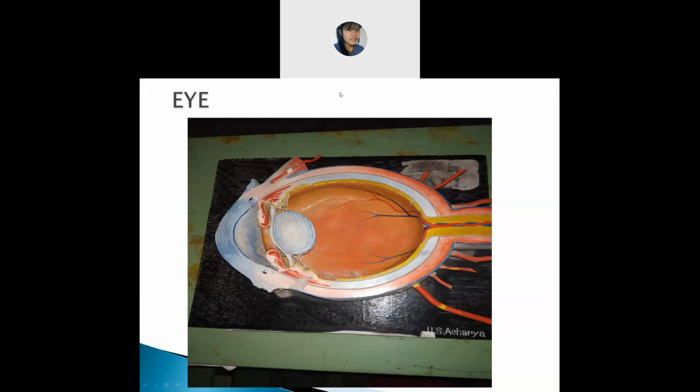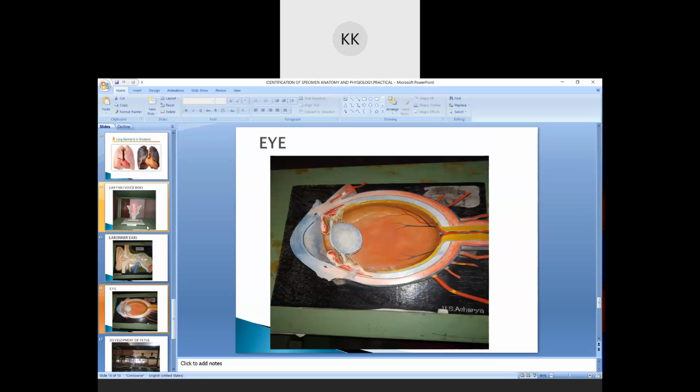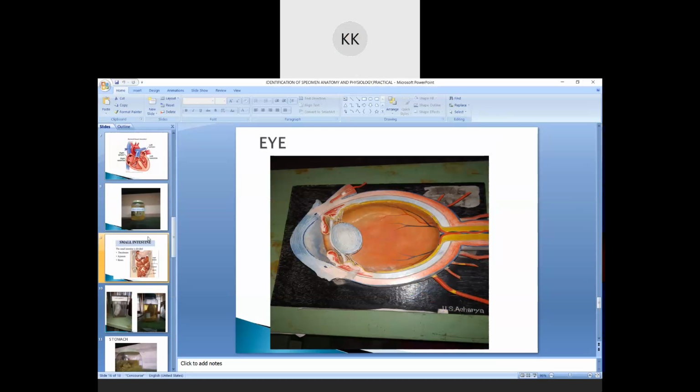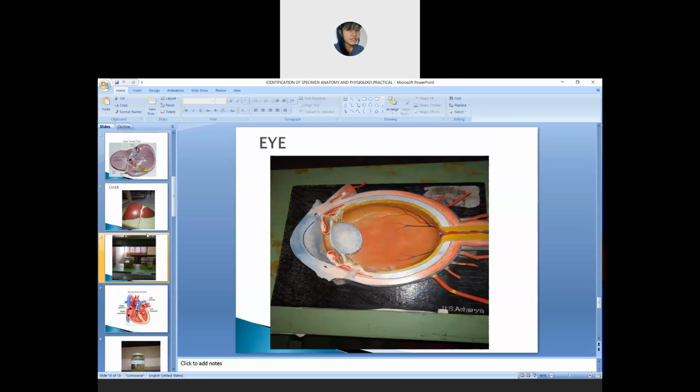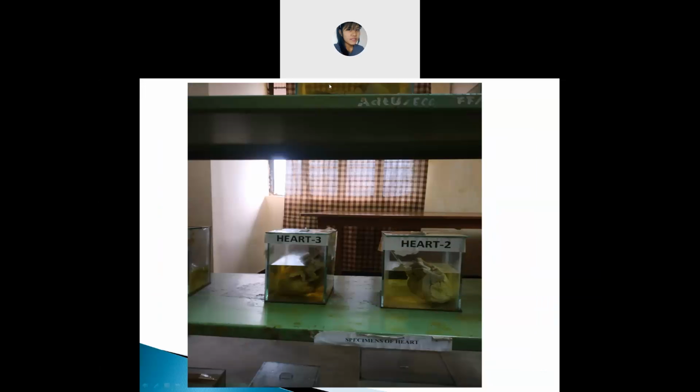Okay, Kajal, you choose any specimen. Ma'am, heart. Okay, start.